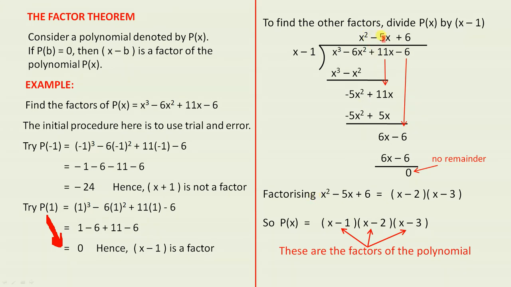So x squared minus 5x plus 6, if we factorise that, we get x minus 2, x minus 3. So p(x) can be factorised as x minus 1 times x minus 2 times x minus 3. And these are the factors of the polynomial. So basically, 1 is a solution, so is 2, and so is 3.